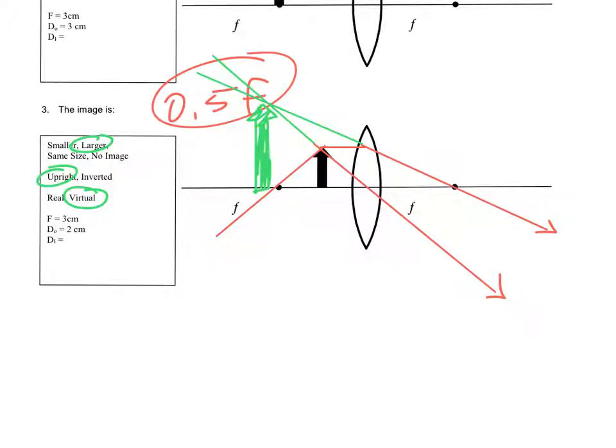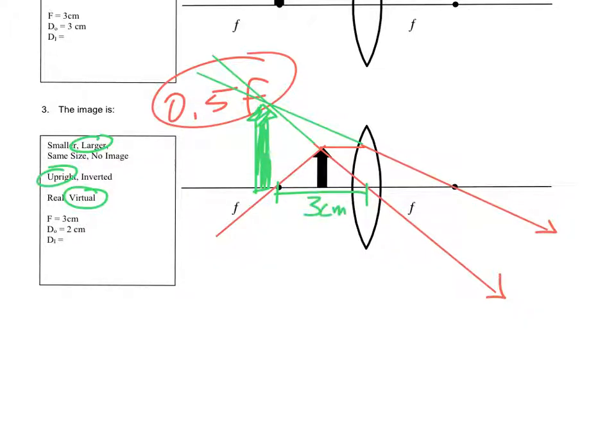So if I wanted to calculate the image distance, I'm going to use the same equation as I did before. According to what I have written here, my focal length is 3. So from here to here, I have 3 centimeters.